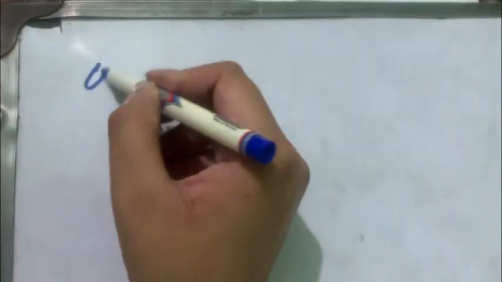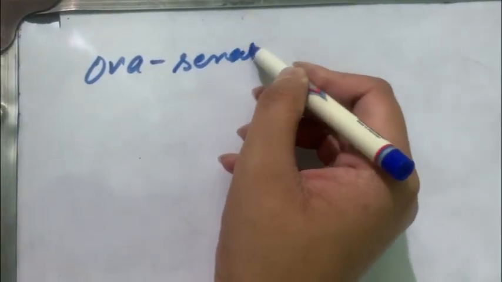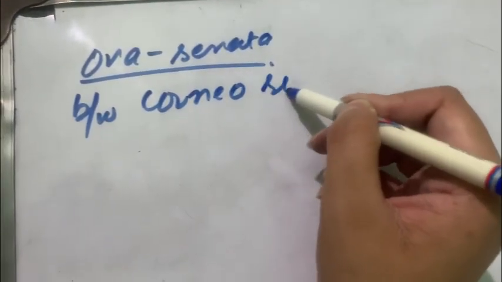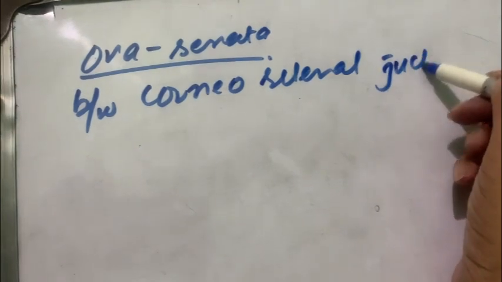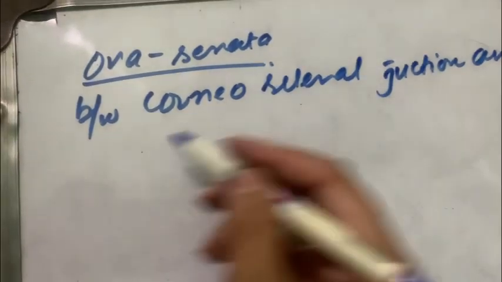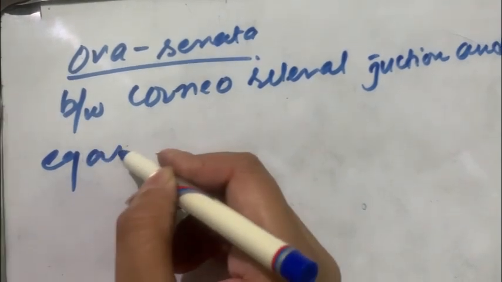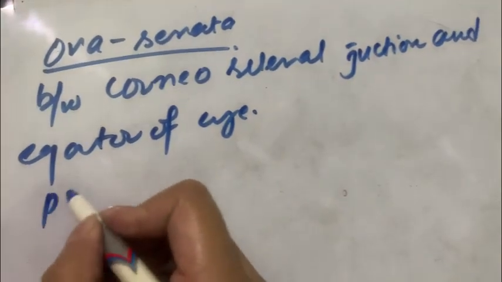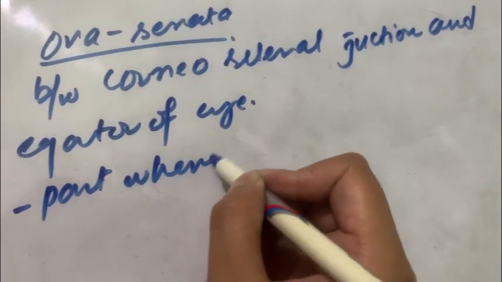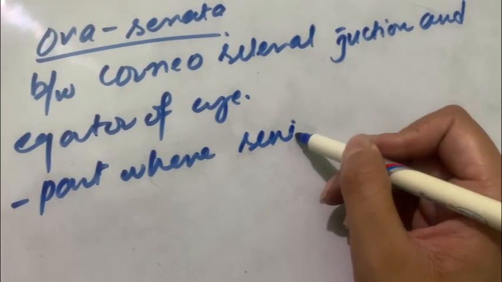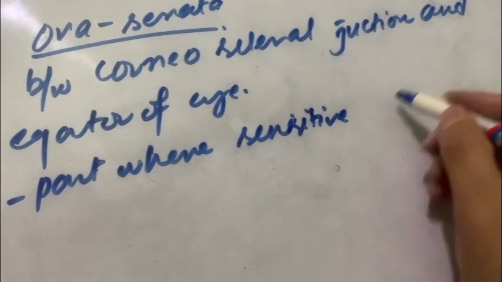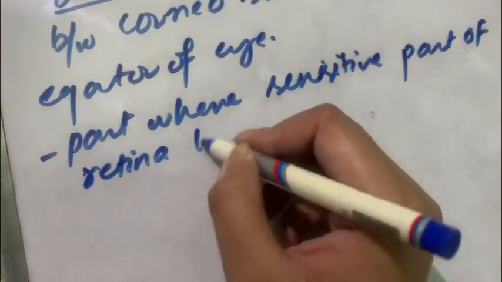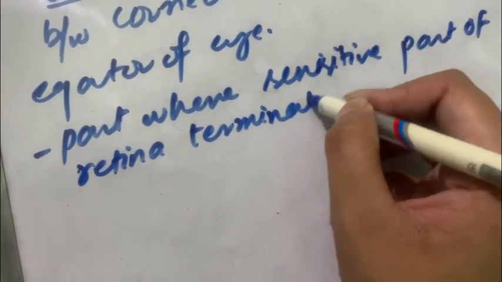So simplifying ora serrata, what is ora serrata? This is the part between corneoscleral junction and equator, and this is the part where the photosensitive part of retina terminates. Why are we saying photosensitive part?